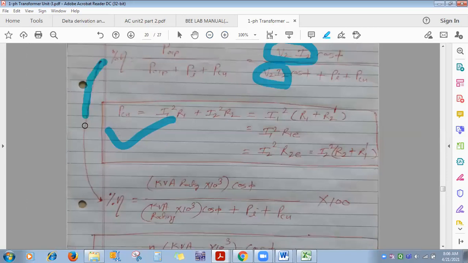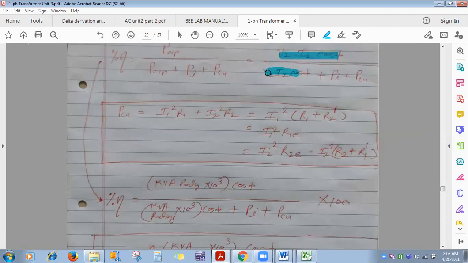If you replace V2 I2 by kVA rating, it will be kVA rating into 10 to the power 3 cos phi, divided by the same parameter, because the first parameter in the numerator and the denominator is the same, plus iron loss plus copper loss, into 100%.